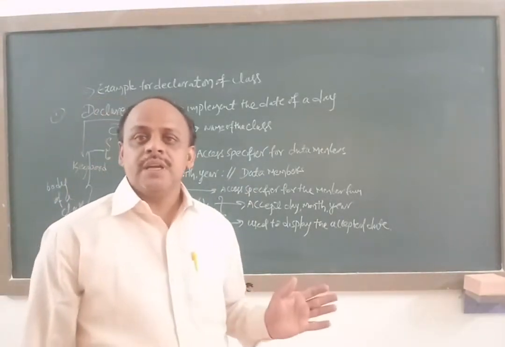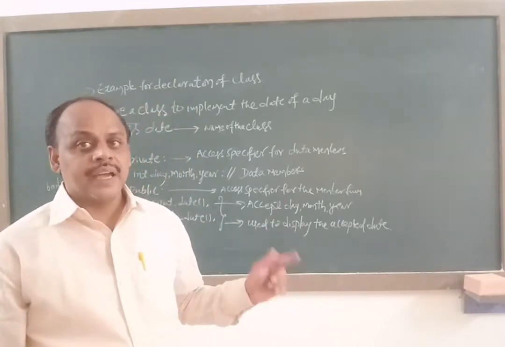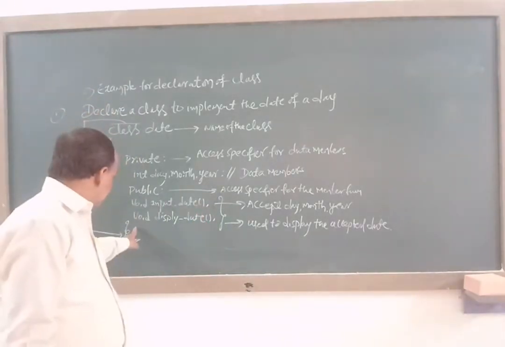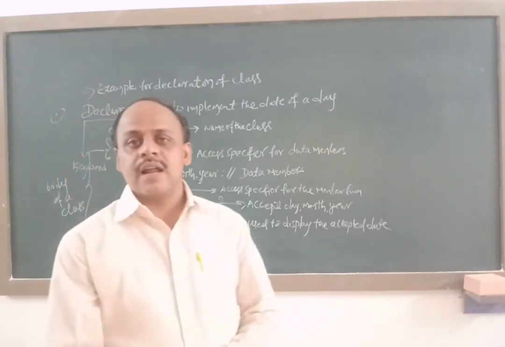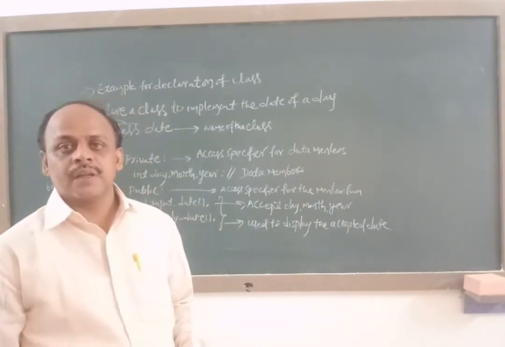The program is not going to be executed, because in the syntax a class ends with a semicolon. Therefore at the end of the class we have to put a semicolon, right?